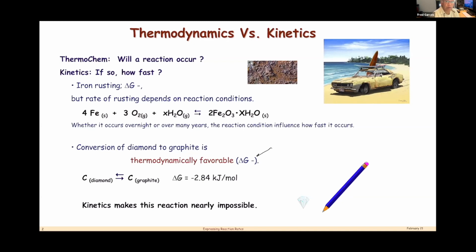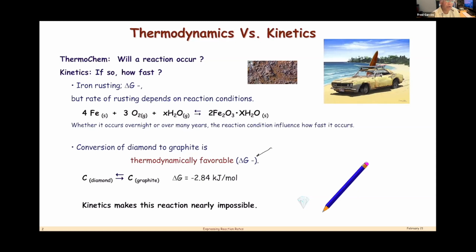Another example of thermodynamics and kinetics is your diamond. If you have a diamond ring or diamond jewelry, that can actually convert over to graphite thermodynamically. It's favorable. The reason why it doesn't is because there's a huge kinetic barrier between the diamond and the graphite.